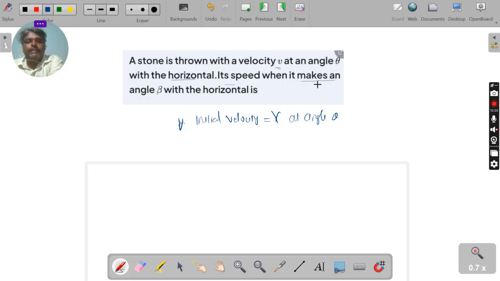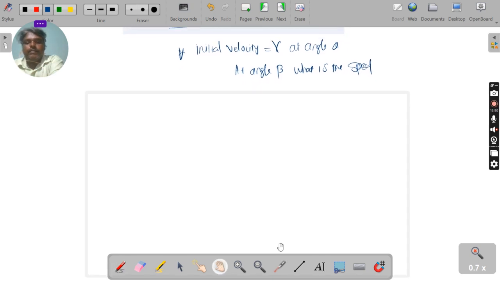Its speed when it makes an angle beta with the horizontal, at angle beta, what is the speed? இதான் கேட்குறான். என்ன பண்ணுவோம், நான் டயக்ராம் வரைஞ்சு உங்களுக்கு எக்ஸ்பிளைன் பண்றேன்.